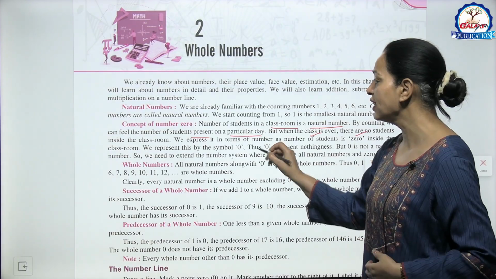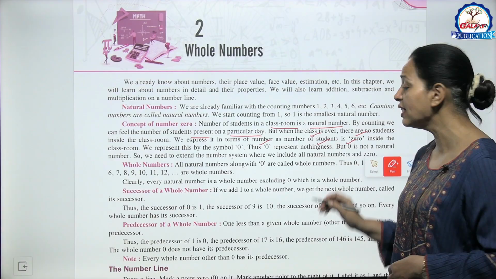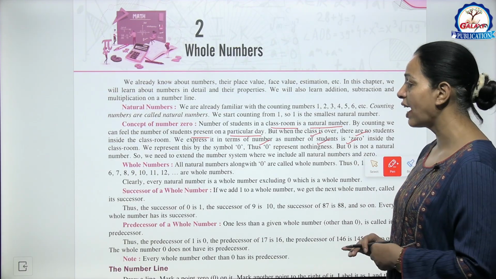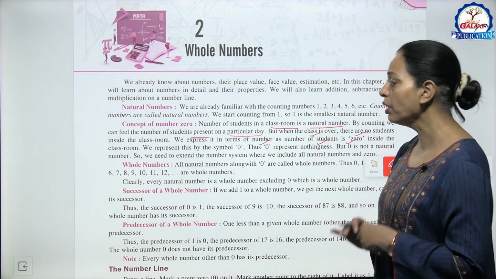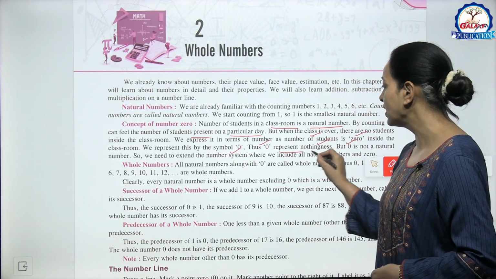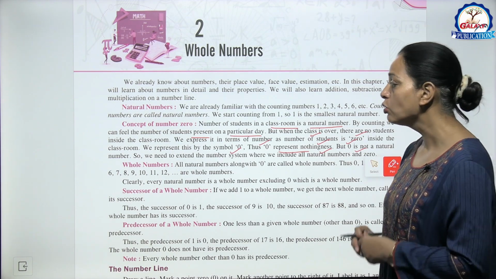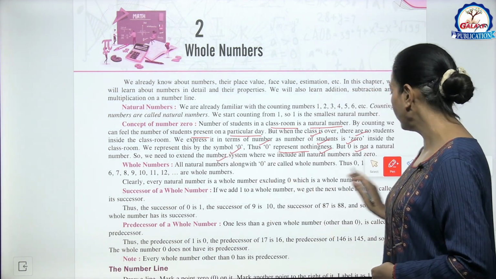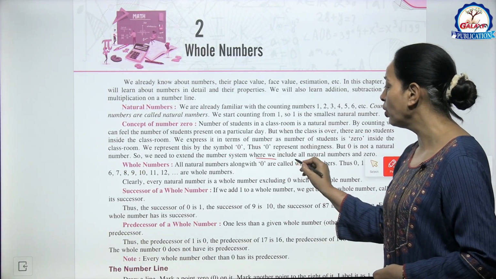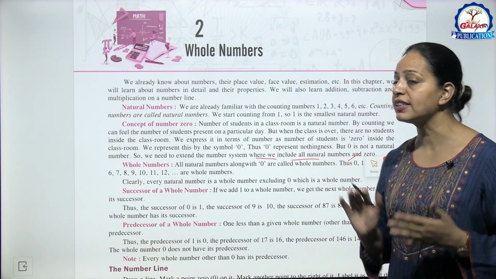We express it in terms of number as: the number of students inside the classroom is 0. We represent this by the symbol 0. The 0 represents nothingness, but 0 is not a natural number. So, we need to extend the number system where we include all natural numbers and 0.